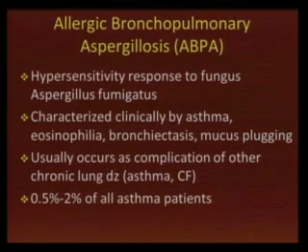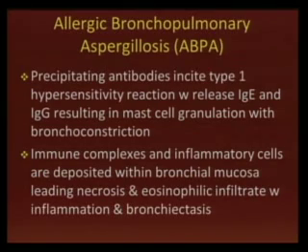ABPA is another disease that is associated with bronchiectasis, and this is a hypersensitivity reaction to Aspergillus fumigatus. It is seen in patients with asthma and cystic fibrosis. What is happening in ABPA? There are two different allergic reactions.